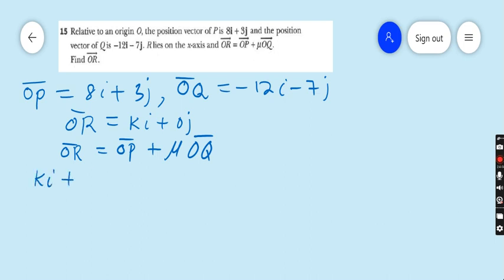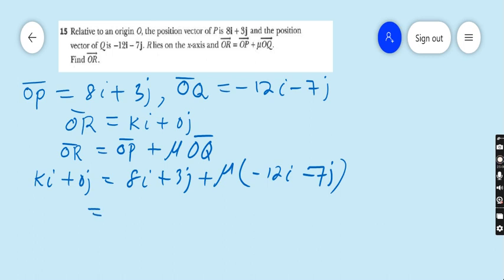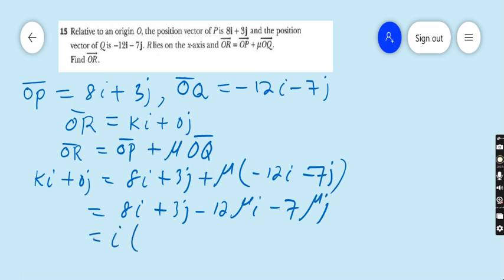OR is ki plus 0j, OP is given 8i plus 3j, plus mu multiplied by OQ, given minus 12i minus 7j. So 8i plus 3j minus 12 mu i minus 7 mu j. Taking i common, 8 minus 12 mu, plus j, taking j common, 3 minus 7 mu.